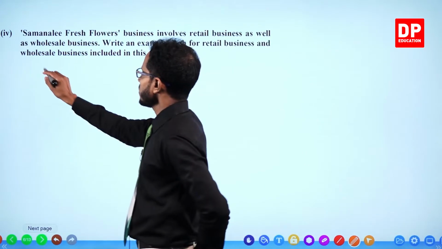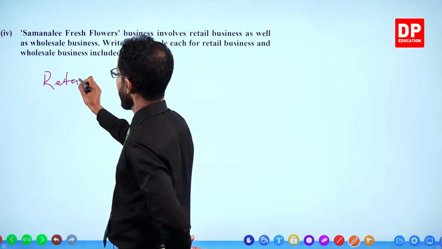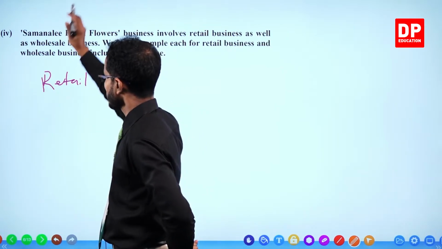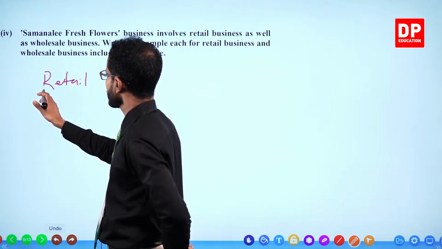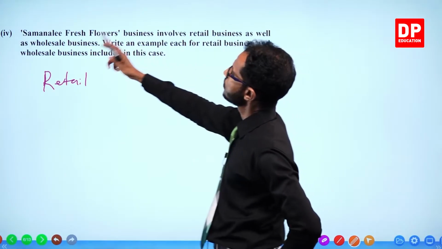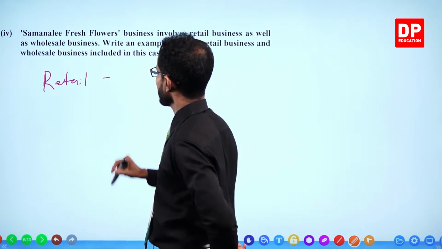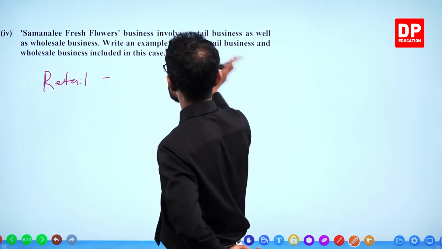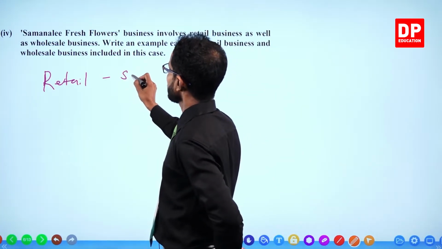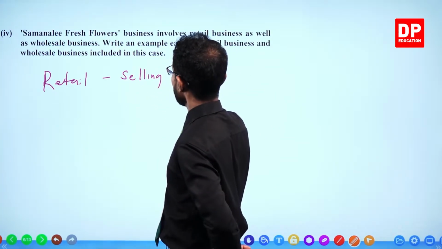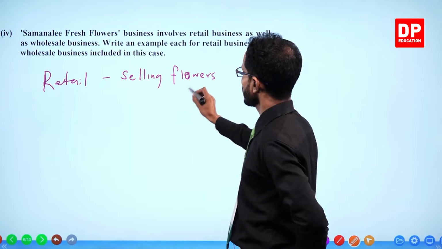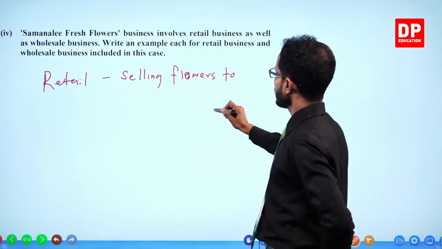So first you have to write retail business. Put a dash and write the example for retail business. What is the example for retail business? Selling flowers to pilgrims.